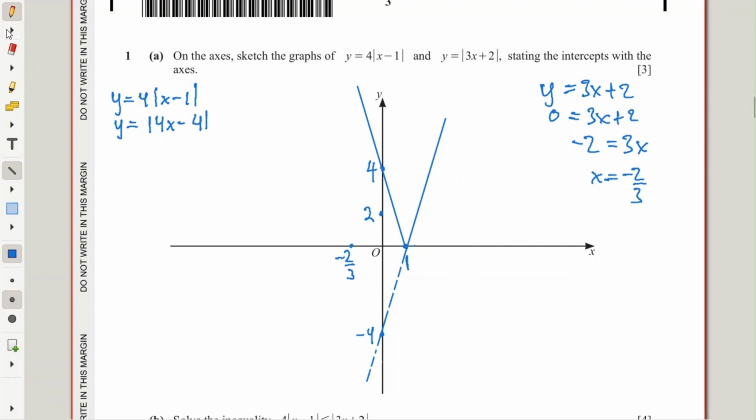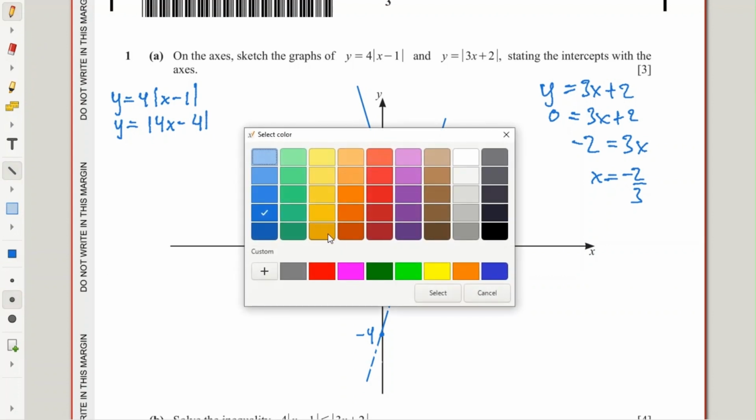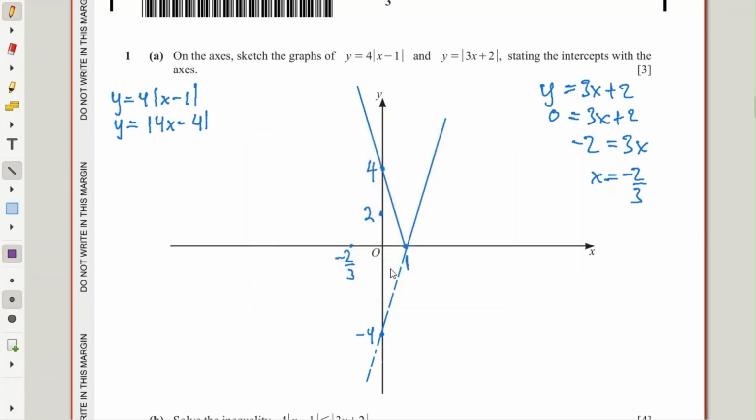Let me use another color for this one. Okay. Now I'm going to do the other side. So you know that if here is 2, the reflection would have been -2, right?